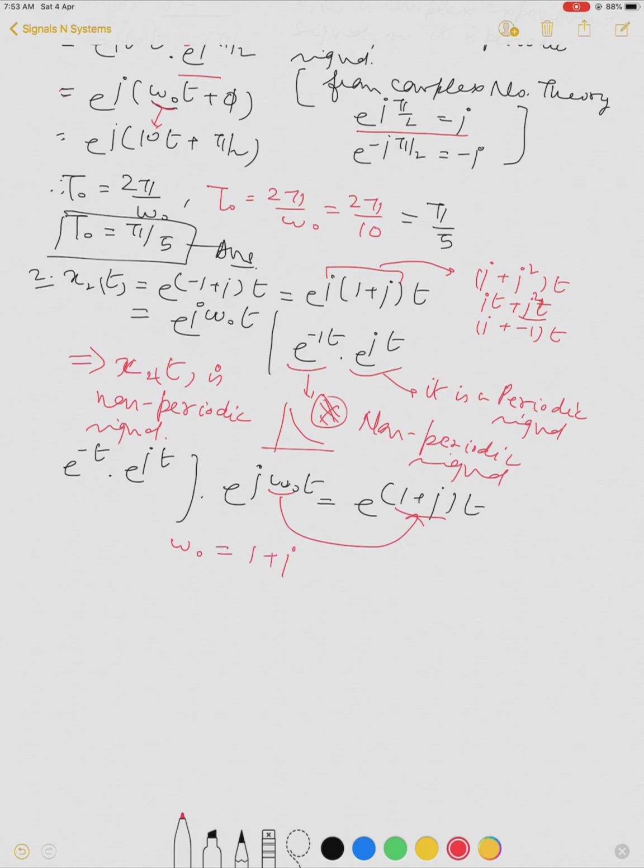Omega naught is the frequency, and here it is a complex number. 1 plus j is a complex number, and the frequency of a signal can never be a complex number.